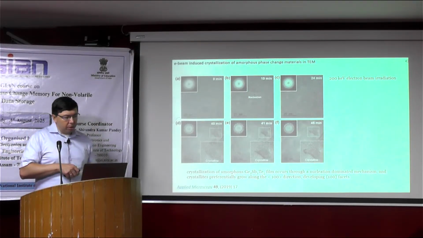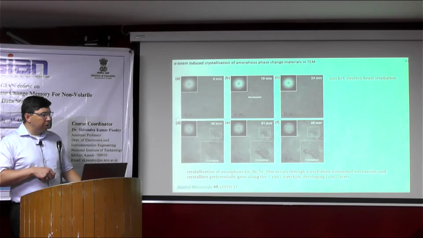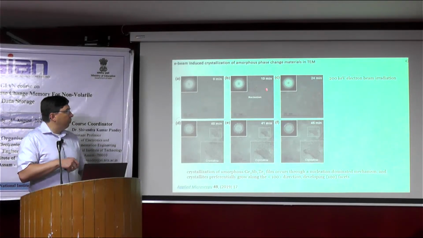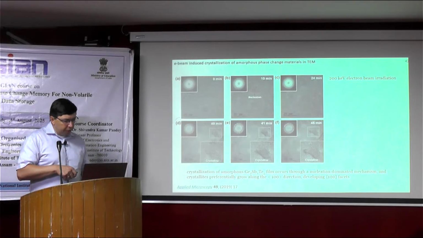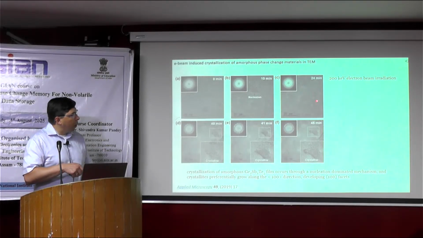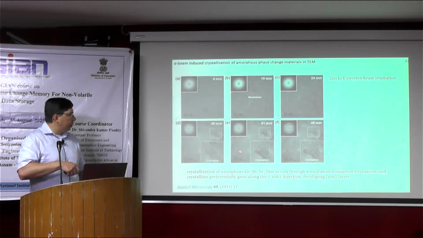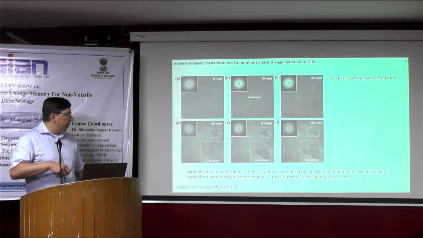Because this material is nucleation dominated, we don't see the growth of these crystallites. Rather, we see the nucleation of additional crystallites. Here you can see more of these dark areas, and more.